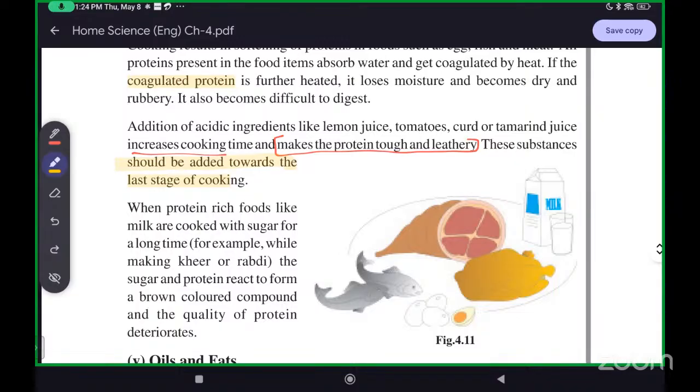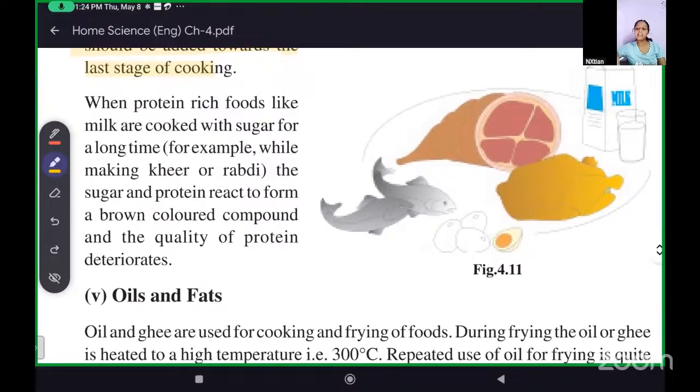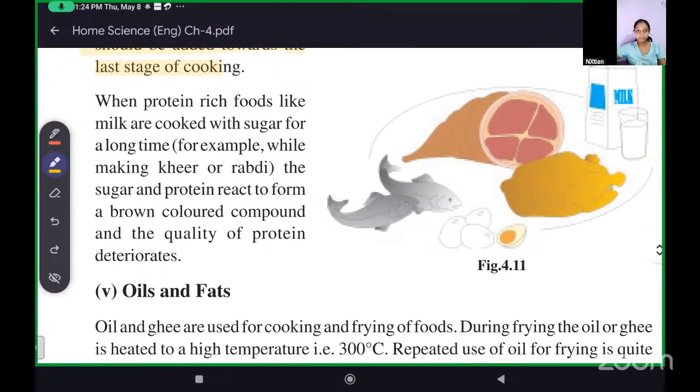Why? Because the sugar and protein react to form a different compound, and the original protein is lost. That is why kheer is not very protein rich, but tasty.